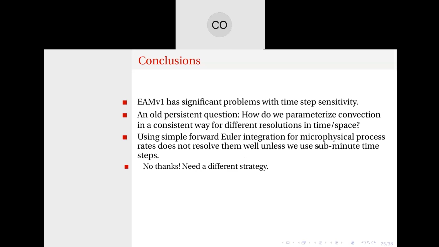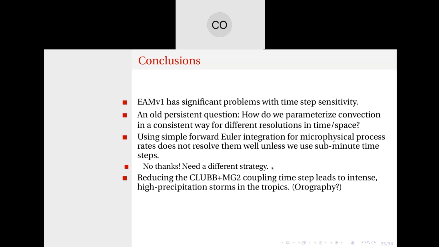And we don't want to do that because that's expensive, and we certainly can't run the whole model affordably at those time steps, but even the microphysics by itself. And so we really want to look at some kind of different strategy for dealing with this that makes microphysics less sensitive to the particular time step size.